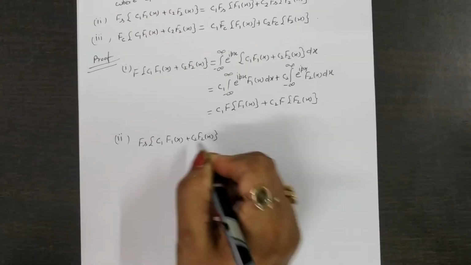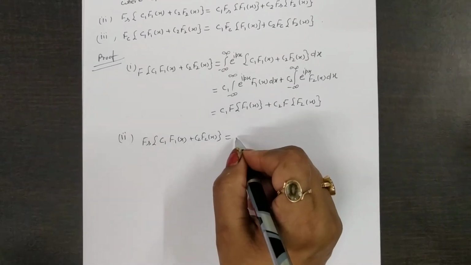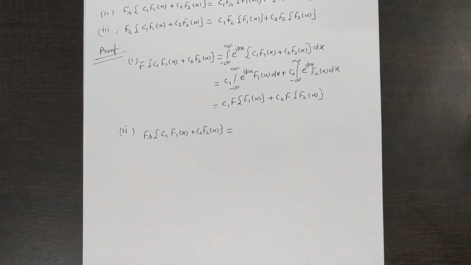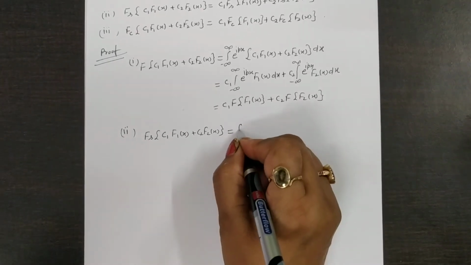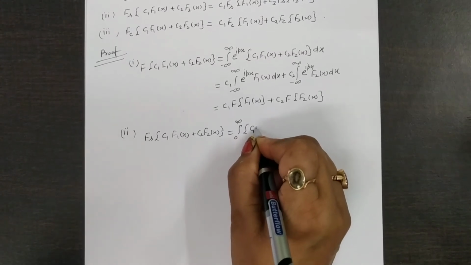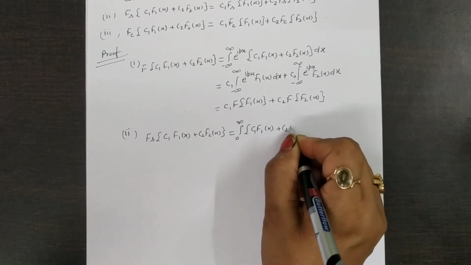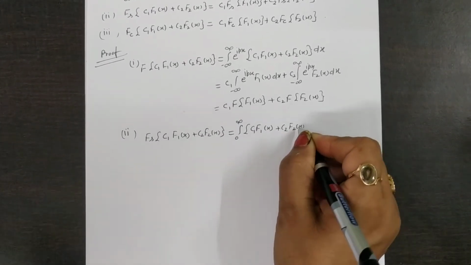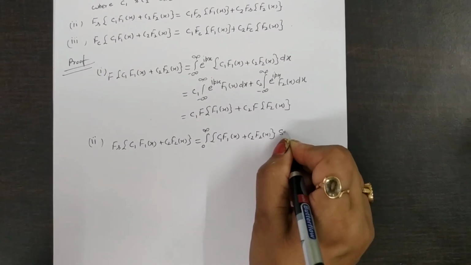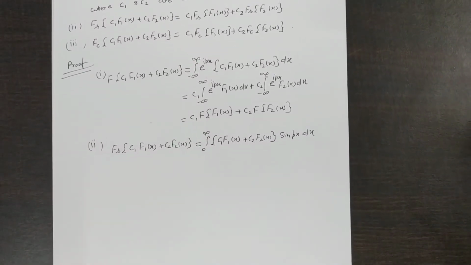Here also we use the definition of the Fourier transform for the sine series, which is the integral from 0 to infinity of c1 f1(x) + c2 f2(x) times sin(px) dx. This is the sine series.